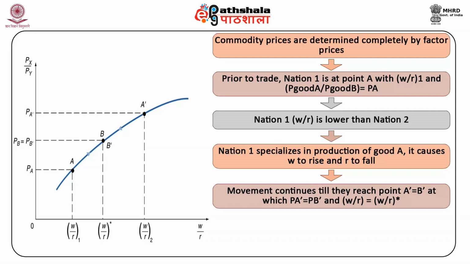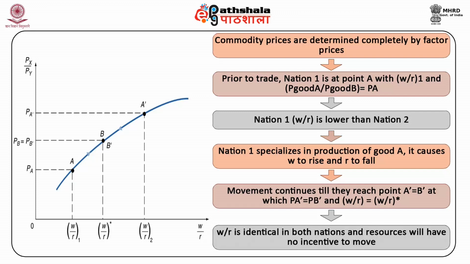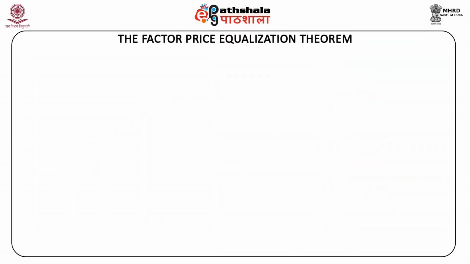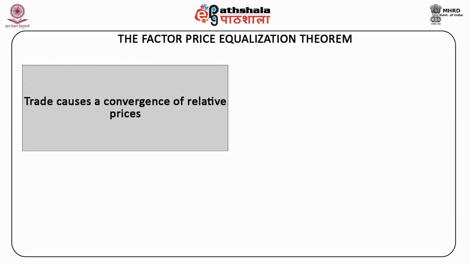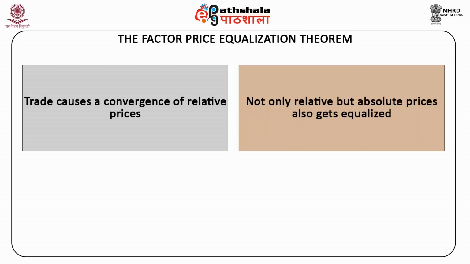At this point, W/R is identical in both nations and resources will have no incentive to move from one country to another. Hence, trade causes a convergence of relative prices. However, not only relative prices but absolute prices also get equalized.